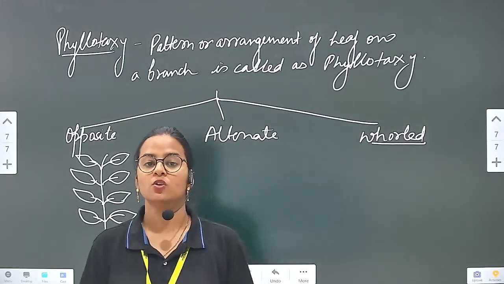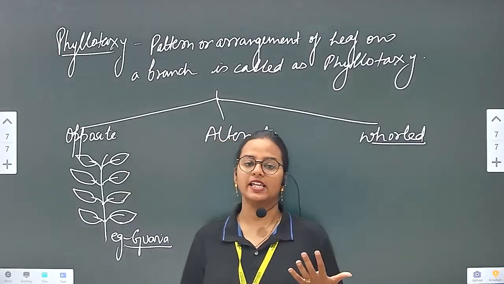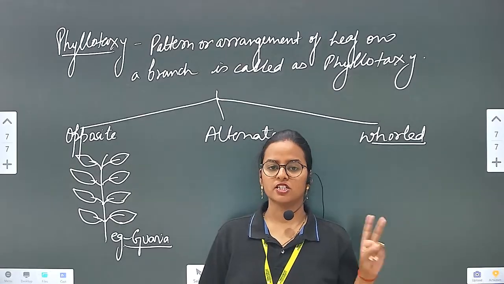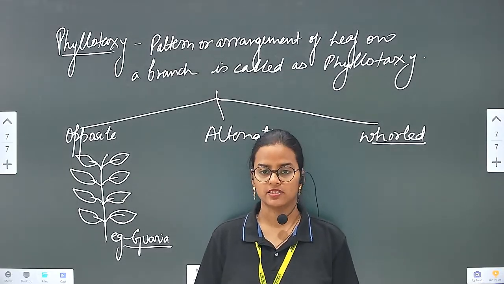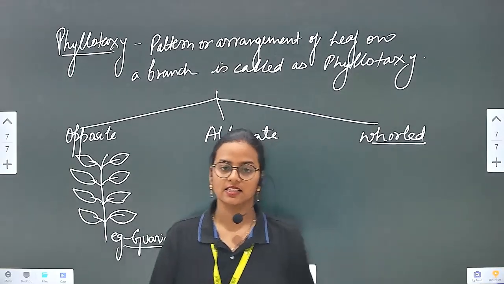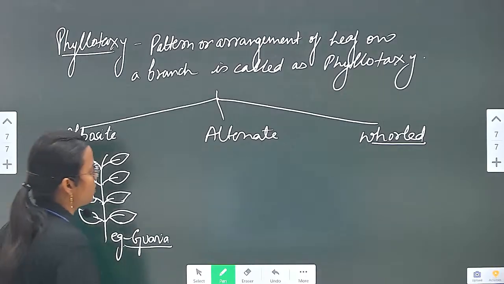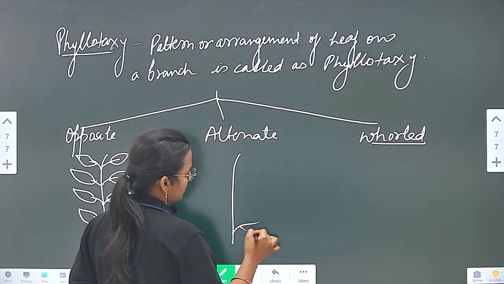Any other name which shows opposite type of phyllotaxy? So, it is your homework. Tomorrow you have to bring, or tell, or observe two examples of opposite, two of alternate and two of whorled phyllotaxy. Is that clear? Yes. So, guava. Number 2 is alternate.